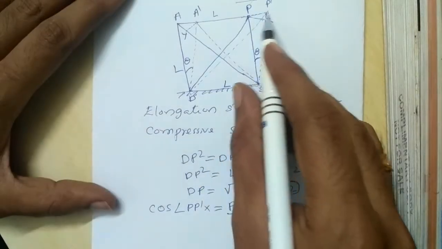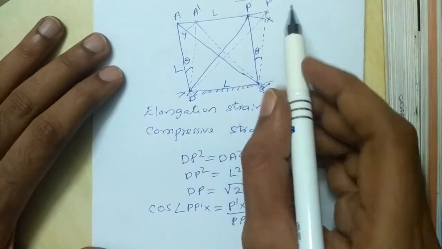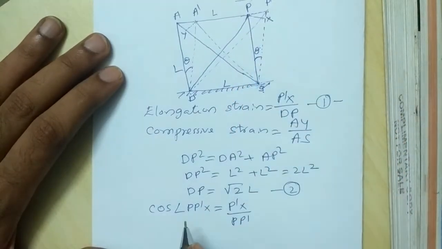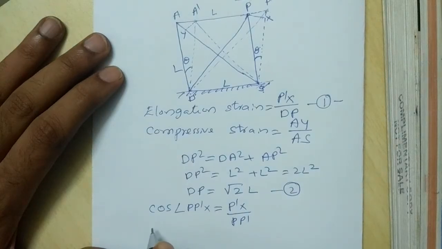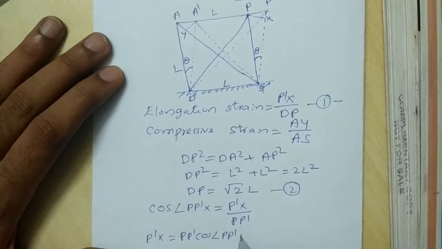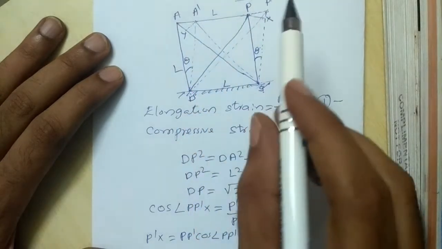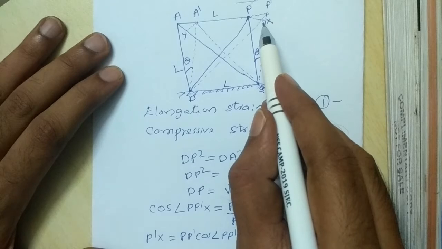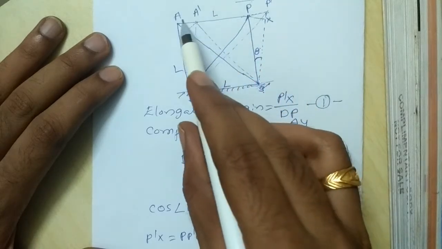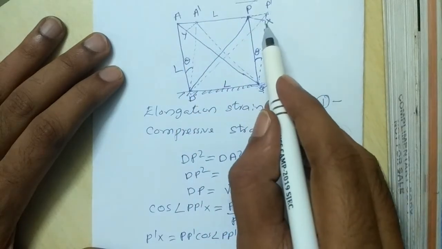So what is P dash X from this? P dash X is equal to PP dash into cos angle PP dash X. So this angle PP dash X is the same as angle AP dash X.